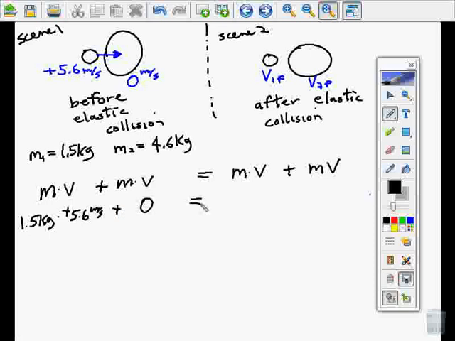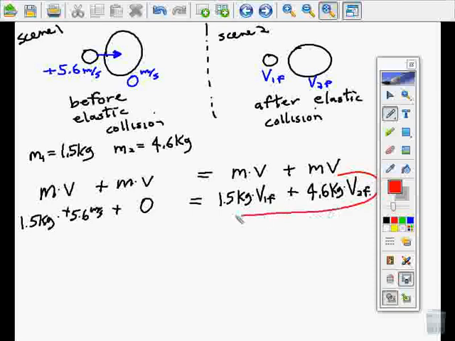And that's going to equal the mass of the first guy, 1.5 kilograms, times the final velocity of the first guy, plus 4.6 kilograms times the final velocity of the second guy. The problem is we can't solve that because we have two unknowns.